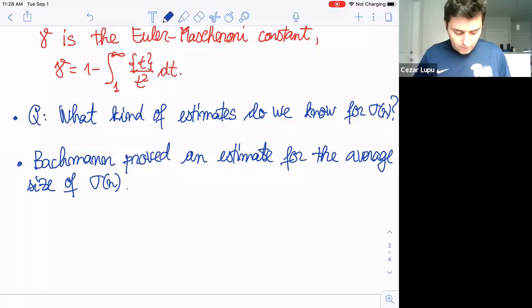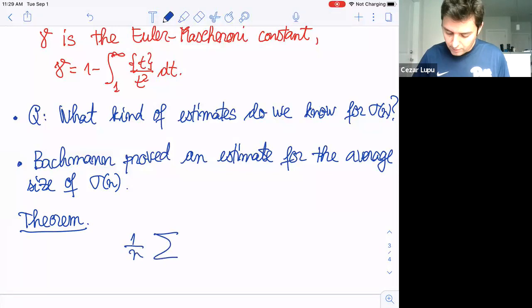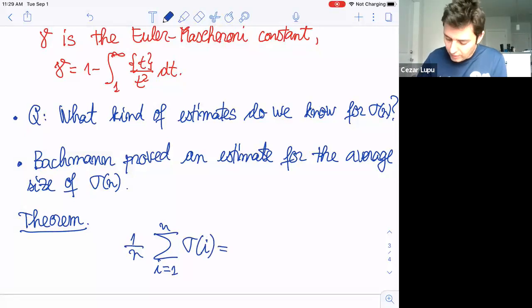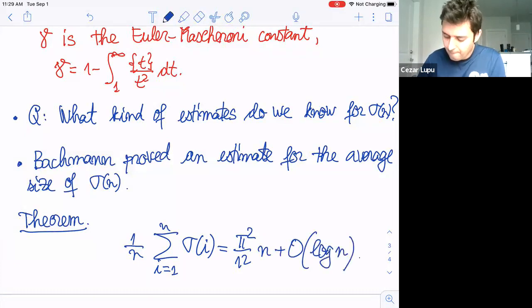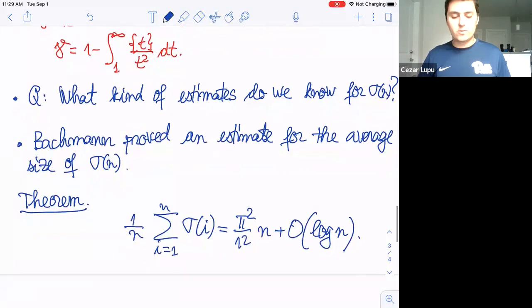His result was the following: the average size is nothing else than pi squared over 12 times n log n, I think, plus some error term, O of log n, something like this. But anyway, so this is the first result.